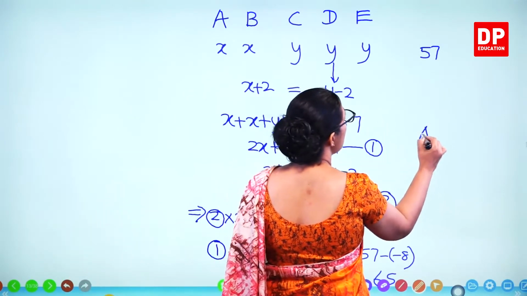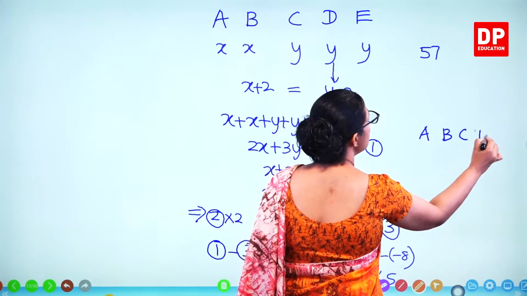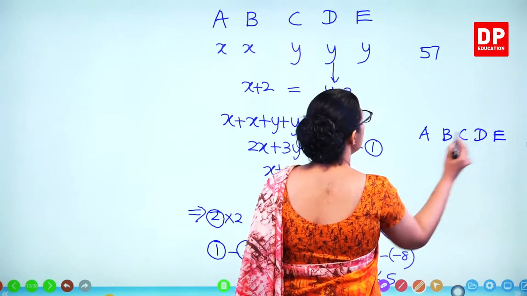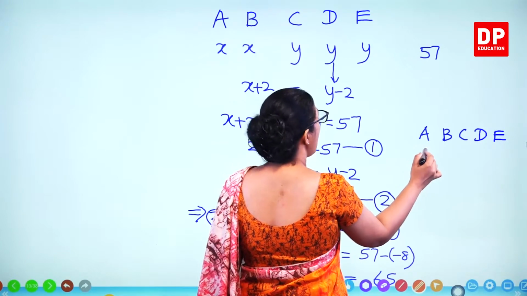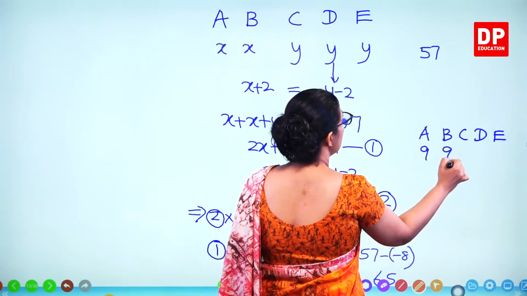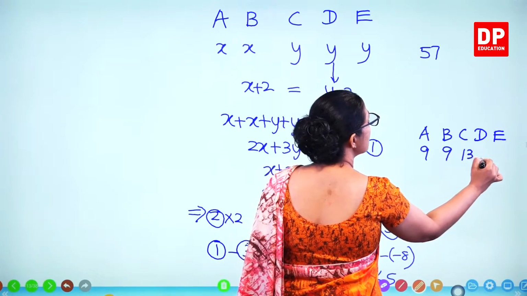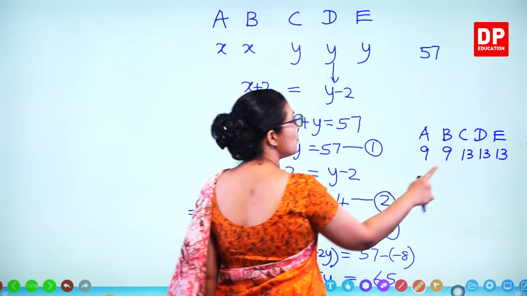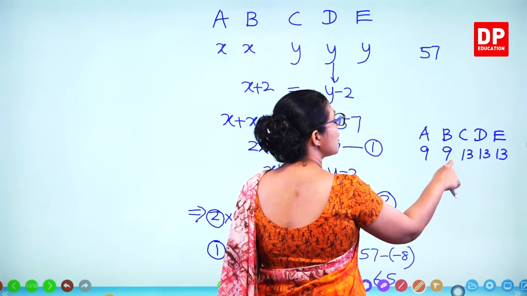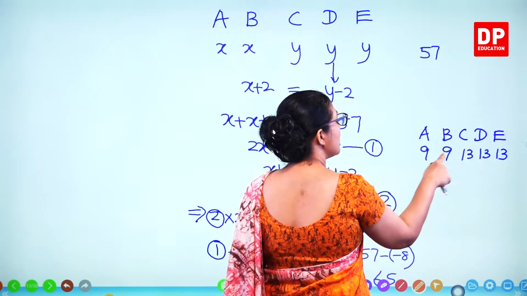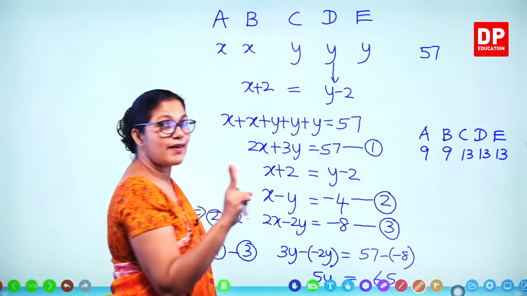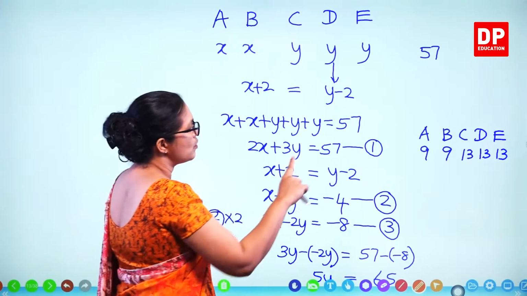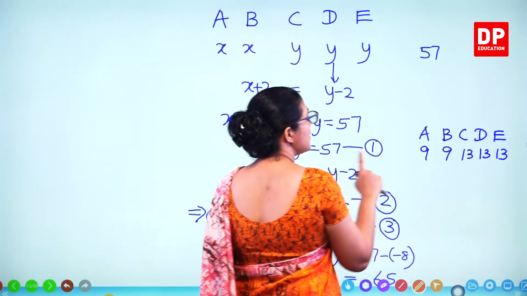So you can write A, B, C, D, E. x is 9. y is 13. So just check, when you take 2 from here, you get 11. 9 plus 2, 11. So that's correct. And the total is 57.